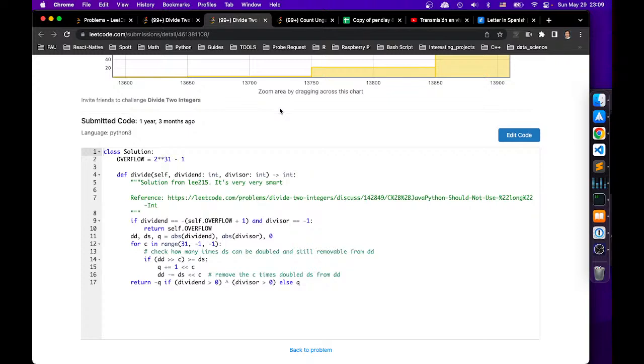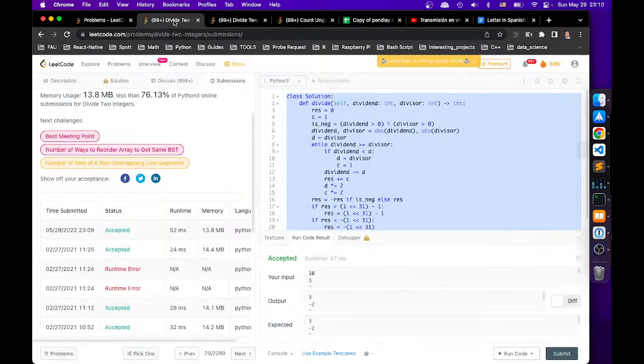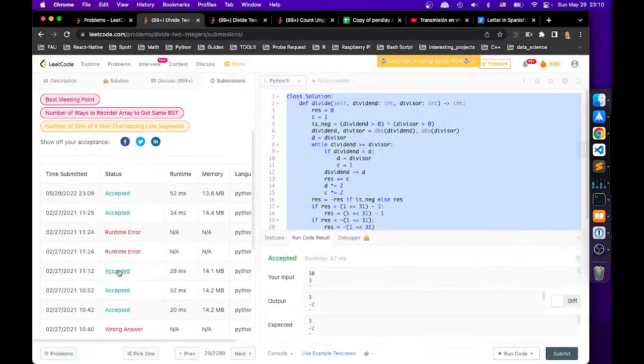Overflow. Yes. No, I don't think this is the one I was looking for. This is like an even smarter idea.